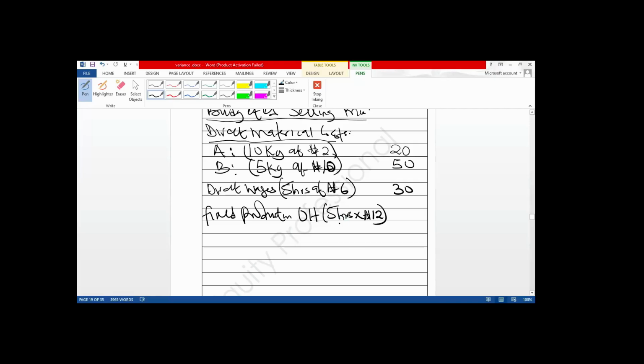Examiner says fixed overhead is absorbed at a rate of 200% of direct wages. Direct wages per hour is 6 naira. 200% of 6 naira is 12 naira. Your budgeted cost per unit, sum up. This is 160.